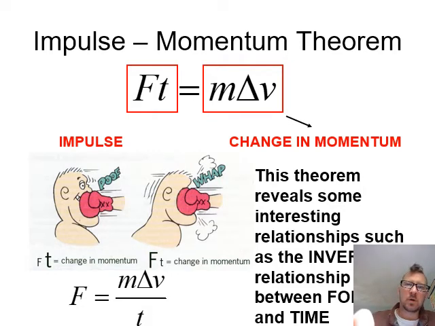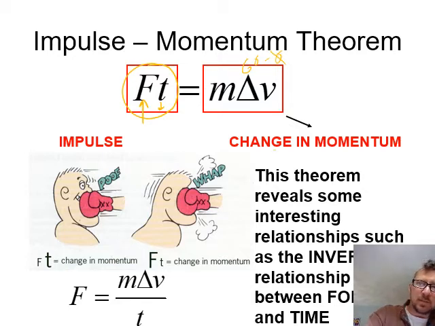So the impulse momentum theorem is basically your airbag theorem. When your car goes from 60 miles an hour to 0 miles an hour, big change in velocity, there's going to be an impulse exerted on you. If that change in velocity happens in a very small amount of time, it's going to be a very big force. What an airbag does is it increases the amount of time that you come to a stop.